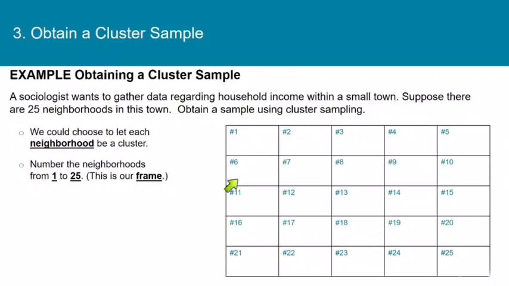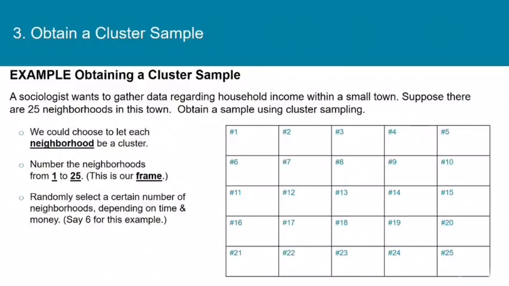So here it is, I've drawn it out for us. So each of these neighborhoods represents a cluster. We're going to randomly choose a certain number of clusters. Let's say 6 for this example. Okay, so I'm going to get my TI-84 out and generate a 6-number sample for us where all the numbers are between 1 and 25.